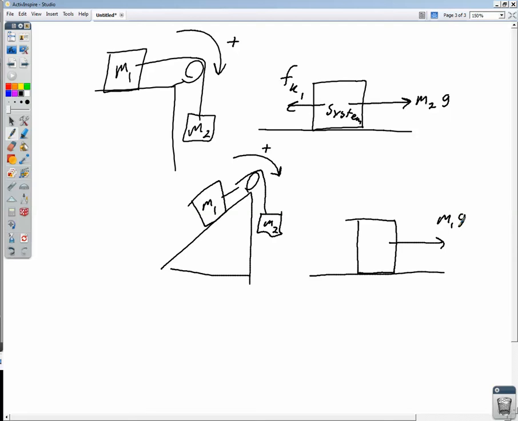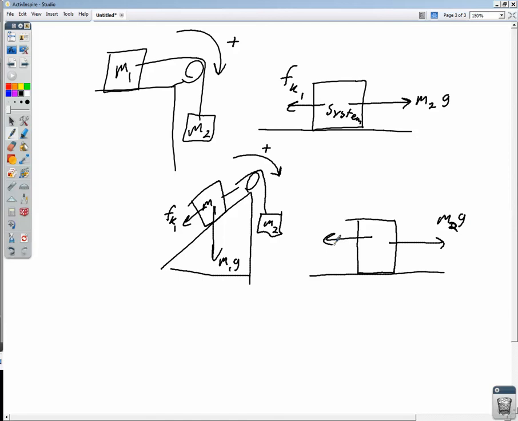There is now a frictional force on M1, Fk1, going down the ramp, and we've got a component of M1's weight going down the ramp as well. And so over here, acting to the left, sorry, this is M2G, not M1G, it's the weight of M2.